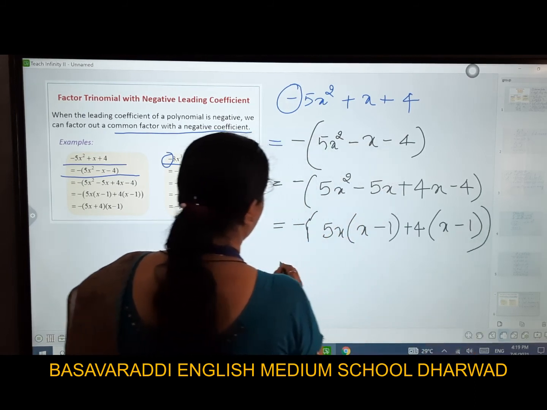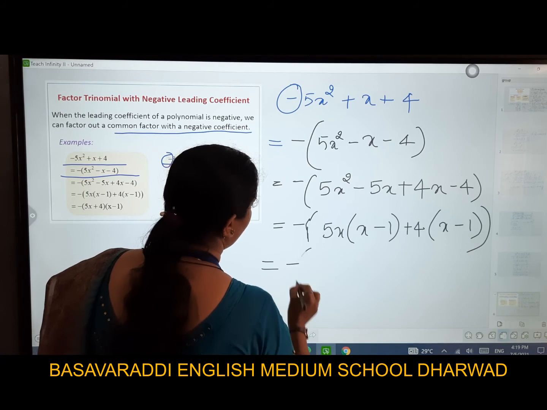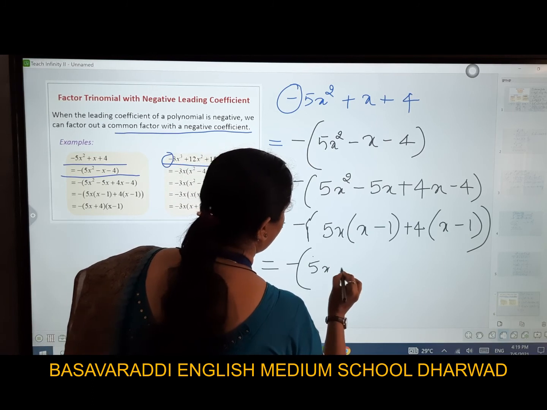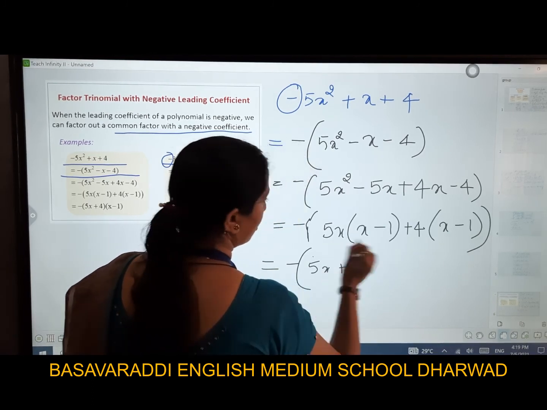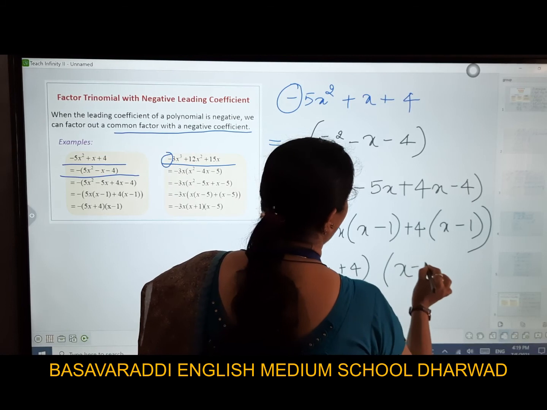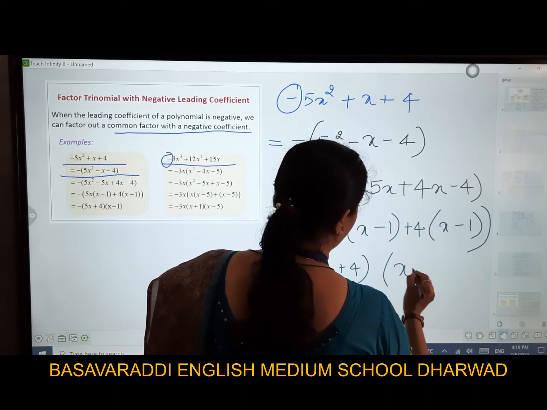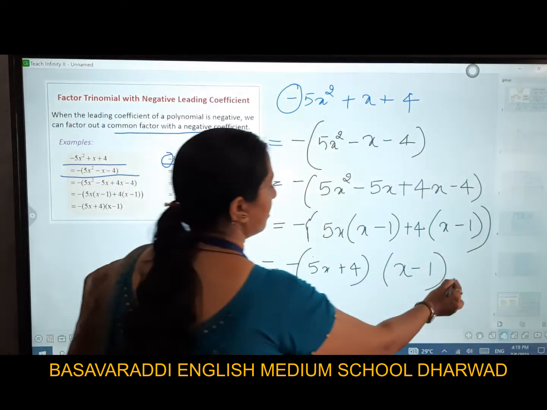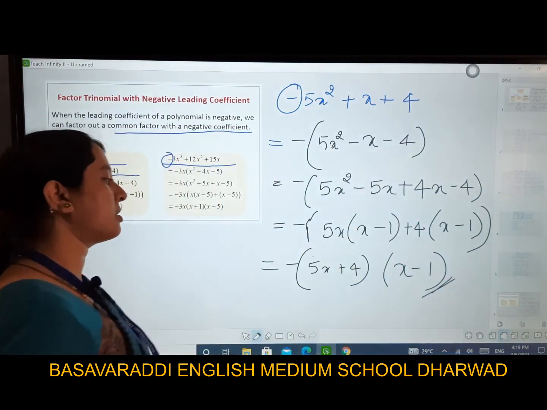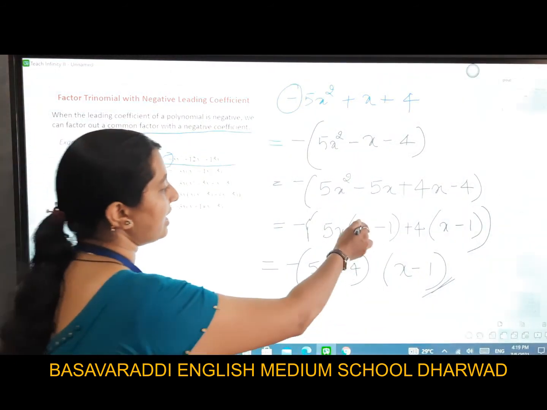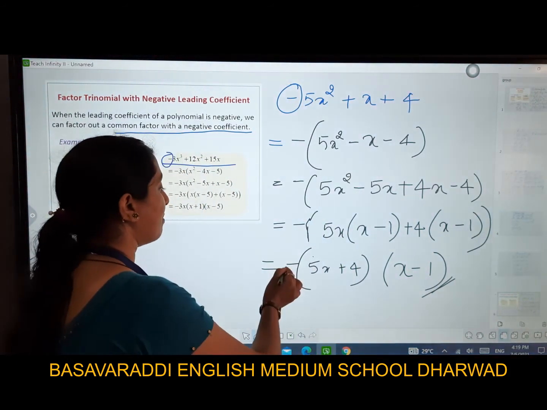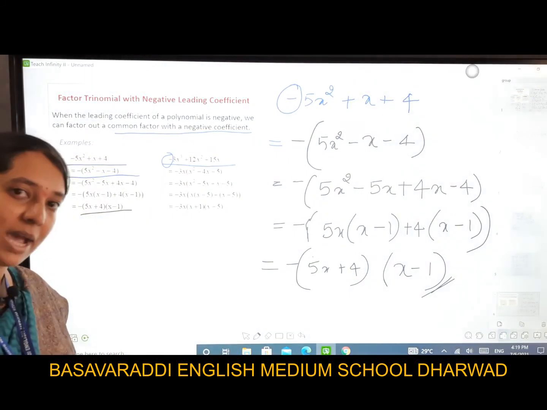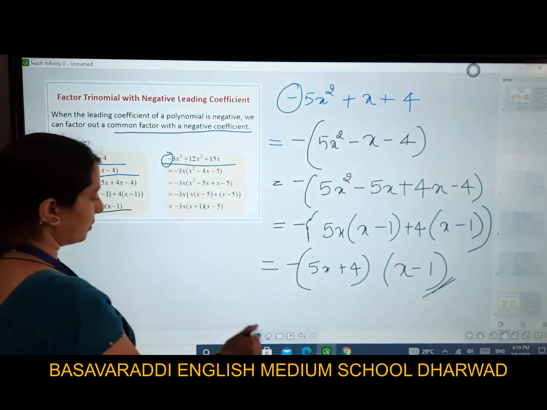So therefore, minus of 5x plus 4 is going to be one term, and x minus 1 is the other factor. From this term, 5x plus 4 will remain when we take x minus 1 as common. So it is minus of 5x plus 4 times x minus 1. The same way is here also.